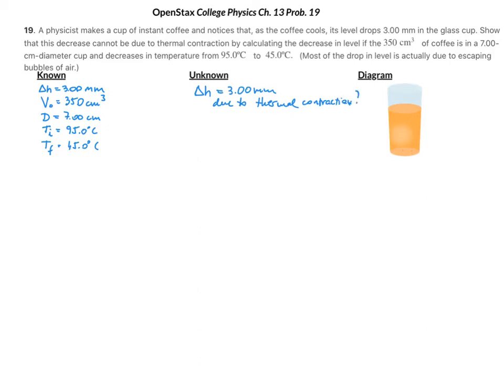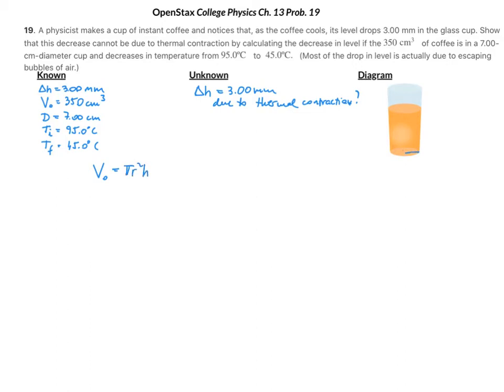All right, so let's figure out first what the original volume of coffee actually is. We know that V naught is 350 cubic centimeters, but what is that in terms of the volume of the cup? The volume of this kind of shape is going to be the area at the base times height. So this would be pi r squared times h.